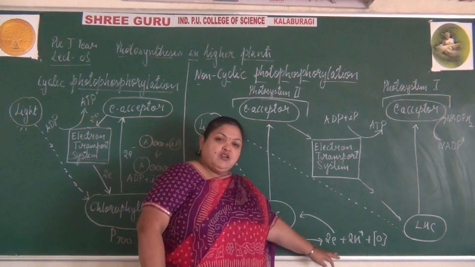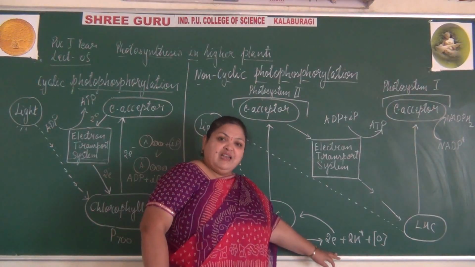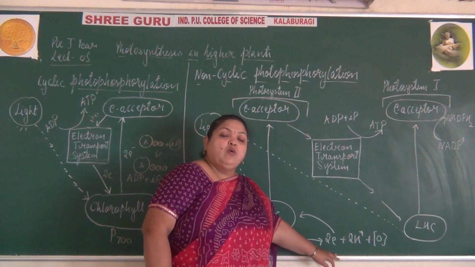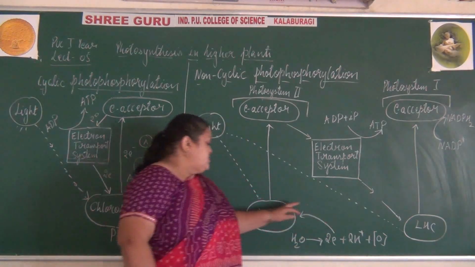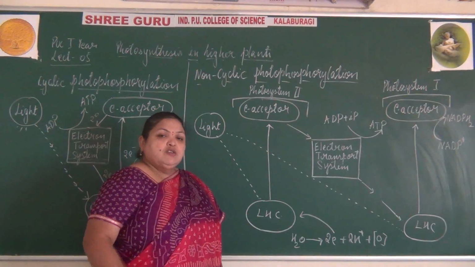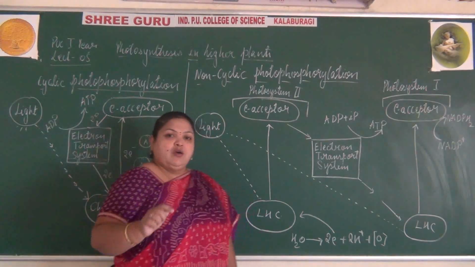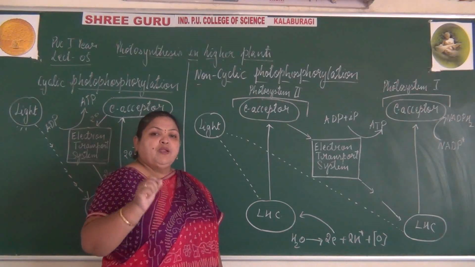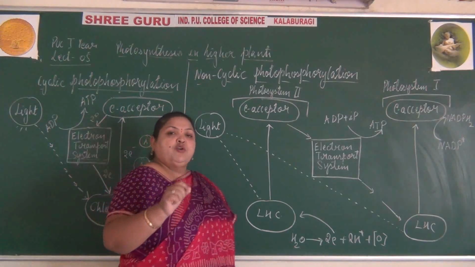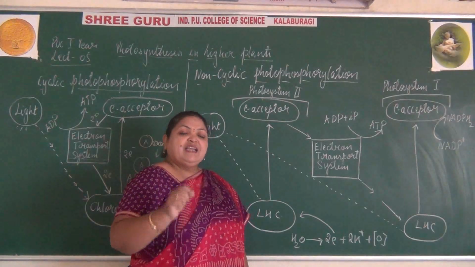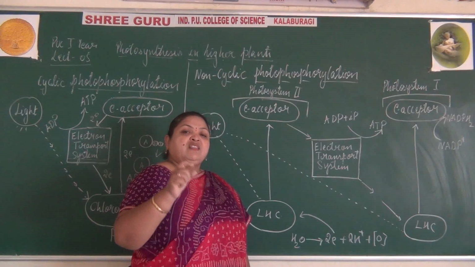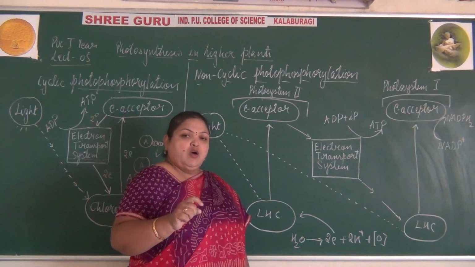These electrons that are released are accepted by an unknown compound Z, then reach the light harvesting complex. So what are light harvesting complexes? All the pigment molecules together work with the photoexcitation of the light and start emitting the electrons, and together they form a complex.